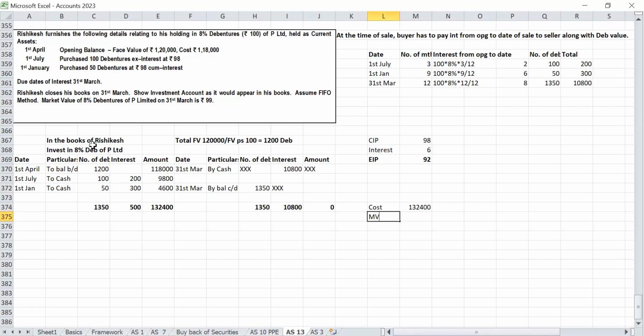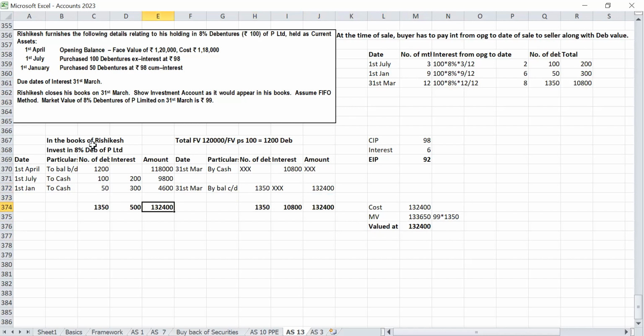What is the market value? Market value is 99, sir. So whichever is less, cost 1,32,400 is less. So your trial balance will tally. Loss will not come.